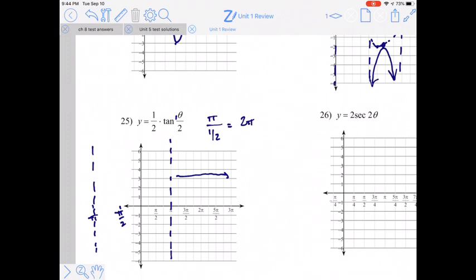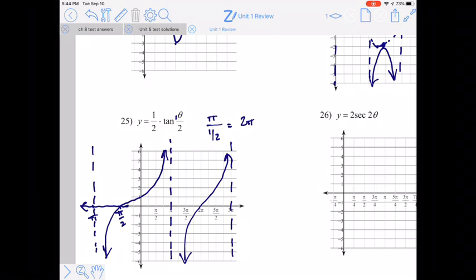So you could also place a vertical asymptote there. And if you remember, the tangent graph looks like that.